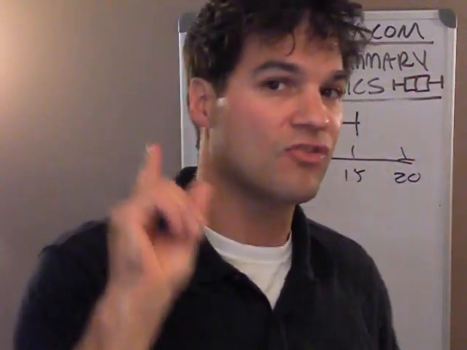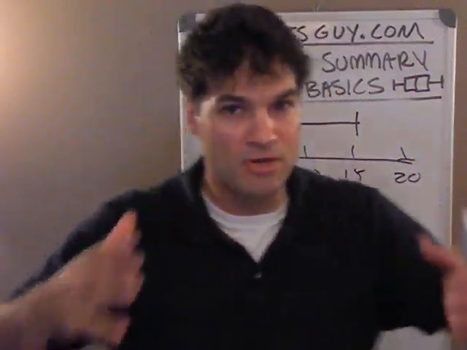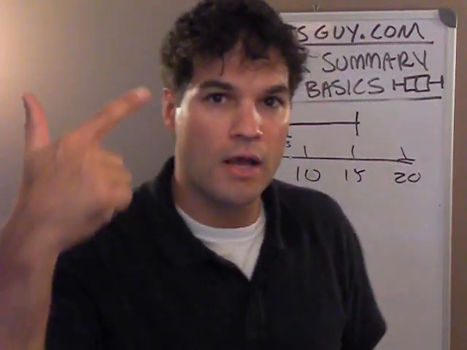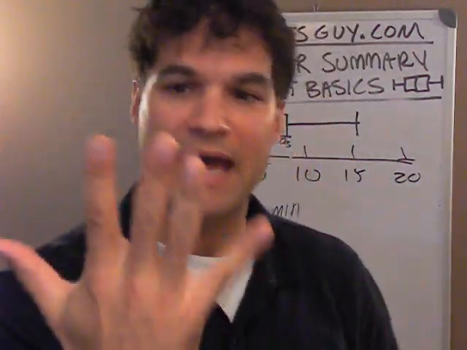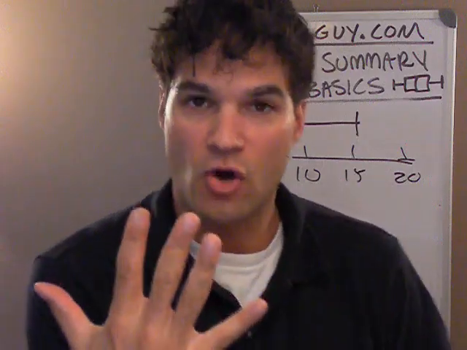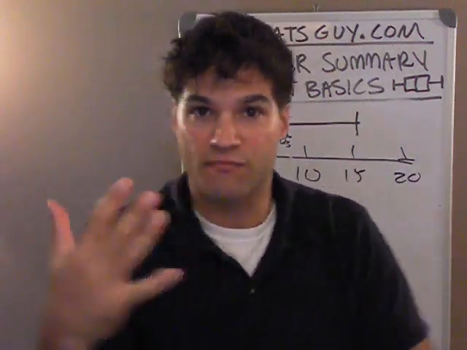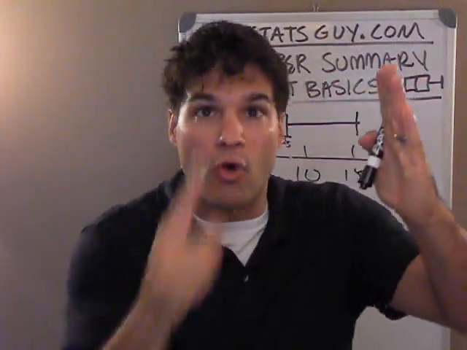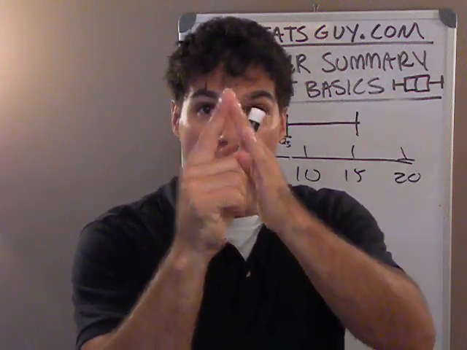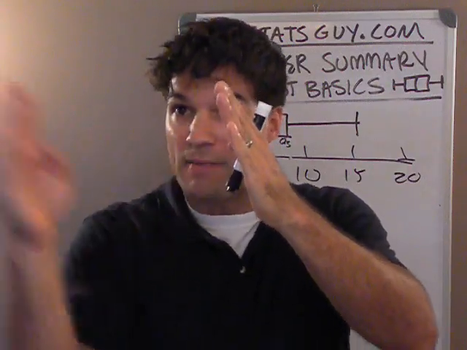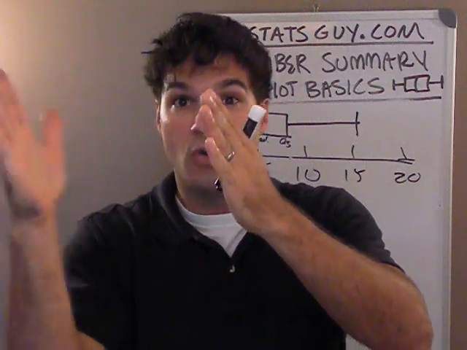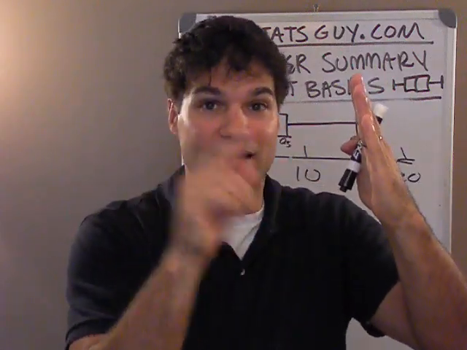But the big idea is this. The 5-number summary is simply the minimum, Q1, median, Q3, and max. There they are, the 5 things. And don't forget that the way you find it is first you have the whole data set, go right to the middle, and that's the median of it all. Go to the bottom half, find the median, that's Q1. Go to the top half, find the median, that's Q3.